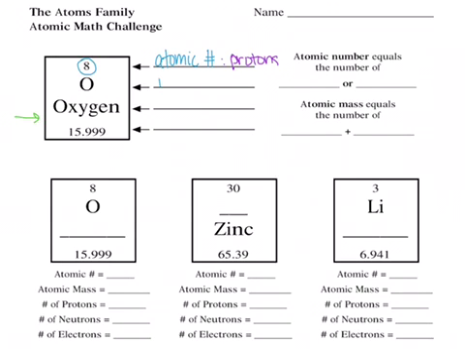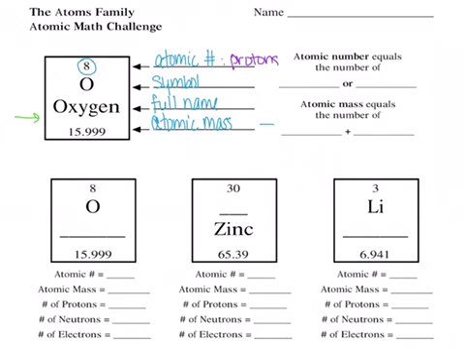The O is the element's symbol. Oxygen is the full name. And lastly, we have the decimal number, and this decimal number is the atomic mass.